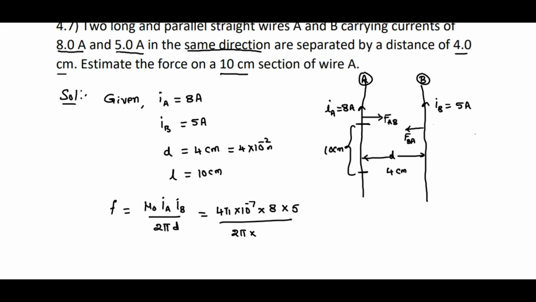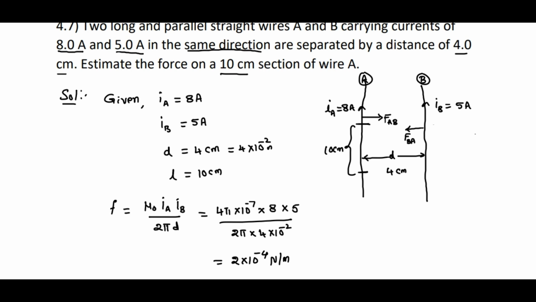In terms of SI we will write 4 into 10 power minus 2. So that is equal to 2 into 10 power minus 4 Newton per meter.